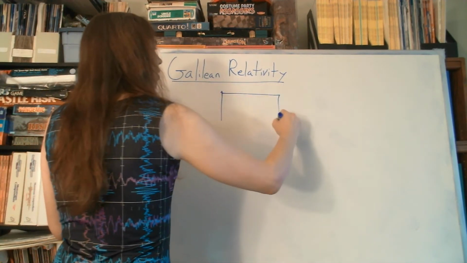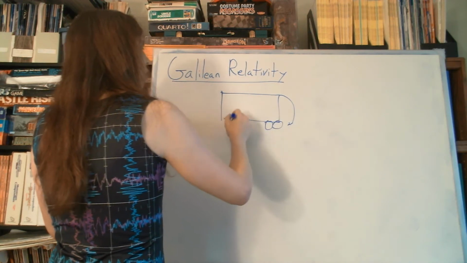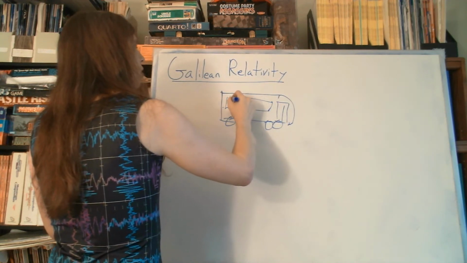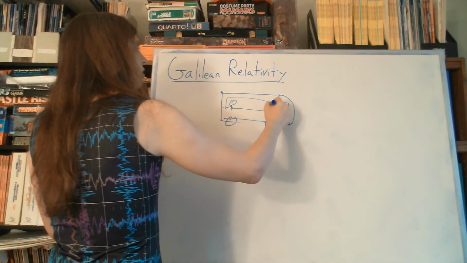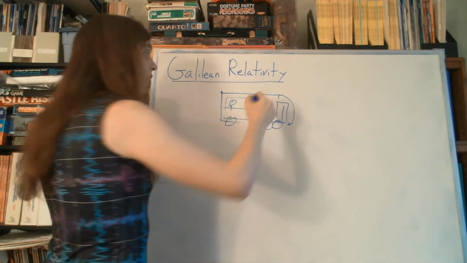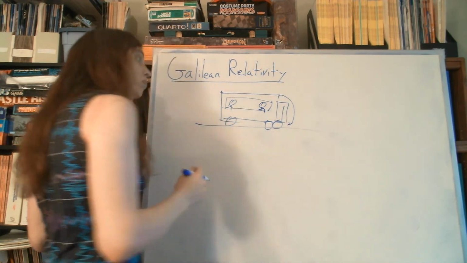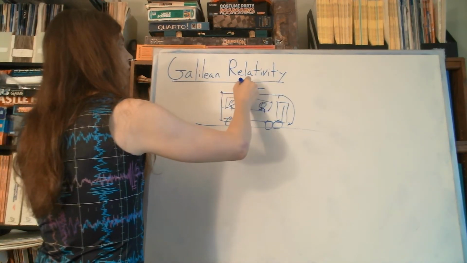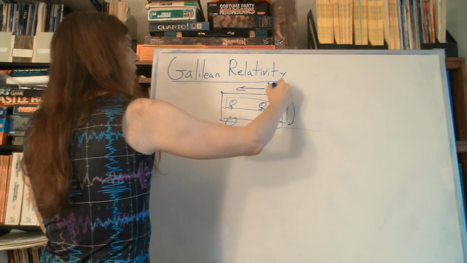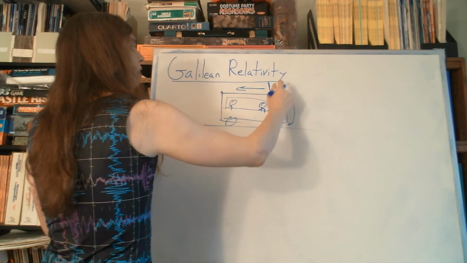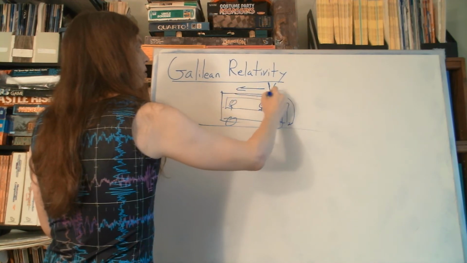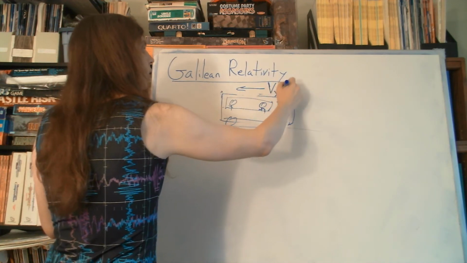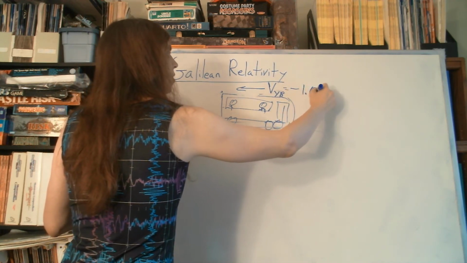If we have, let's say, a school bus, and on the school bus you have a bunch of kids, and maybe you're a kid in the bus, and you hop on, and while you're on the bus, you move with a velocity of u relative to the bus of minus 1 meter per second.